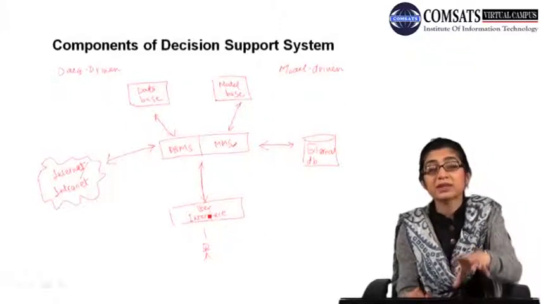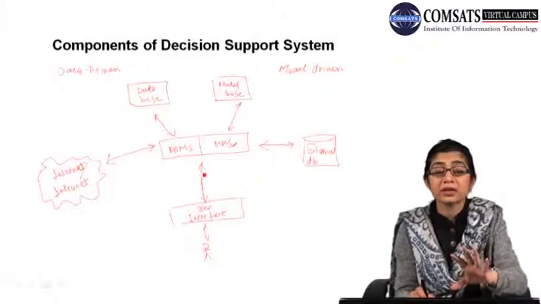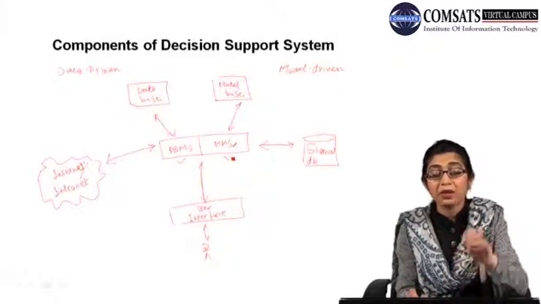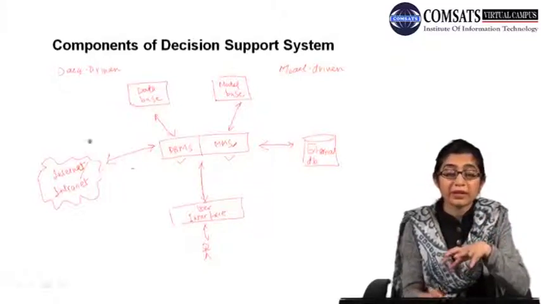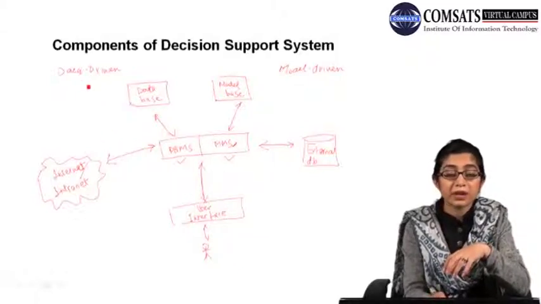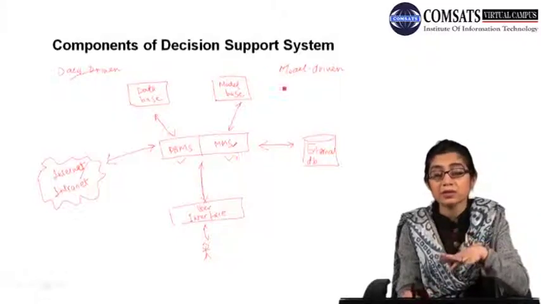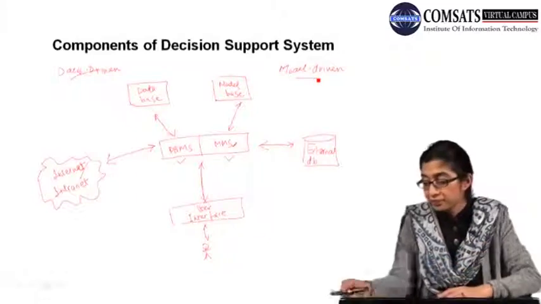The user is interacting with this user interface and using any of the decision support system approaches, either through the help of the DBMS or model management software, to get any kind of data. If it's using this part of the system, then that approach is called the data driven approach, and if it's using this part of the system, then that is called the model driven approach.